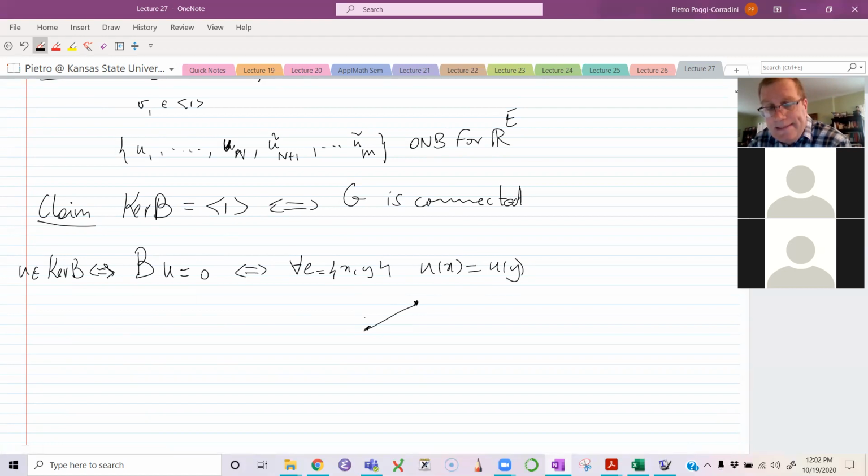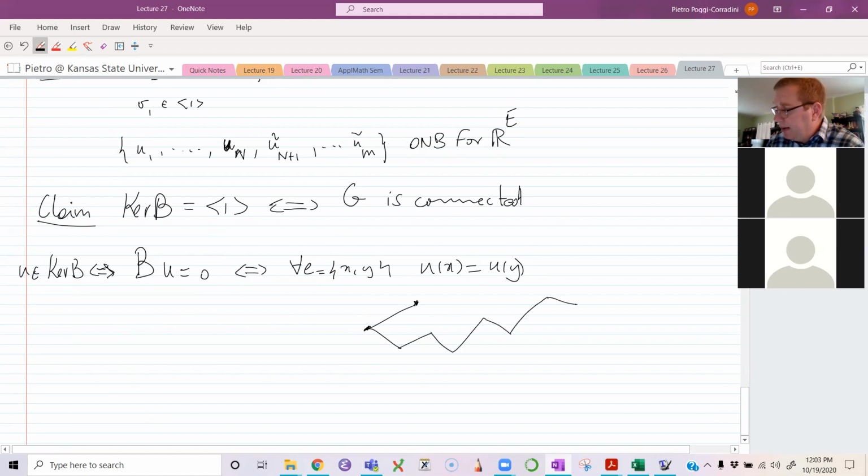Well, if you're connected, then that means any two points in the graph can be connected by a path. And if the function doesn't change along edges, then it doesn't change along paths either.